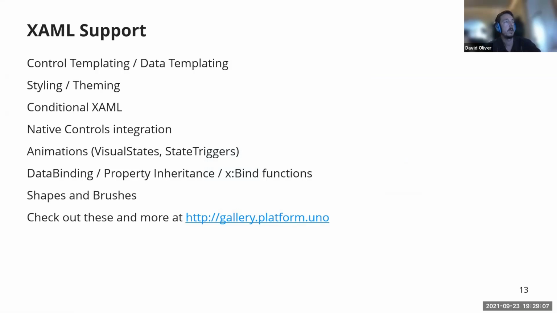Animations, data binding, as well as x:Bind, so you can bind to functions defined in the code behind. Shapes, brushes, lots more. And a good way to see what's available there is to go to gallery.platform.uno. That's the website for the Uno gallery. So it's an application that we built with Uno, showcasing the features and the controls that are available.